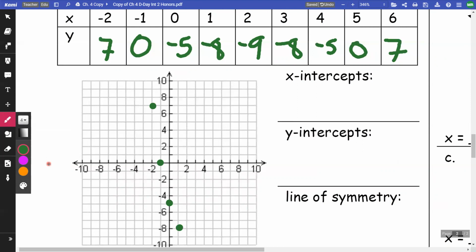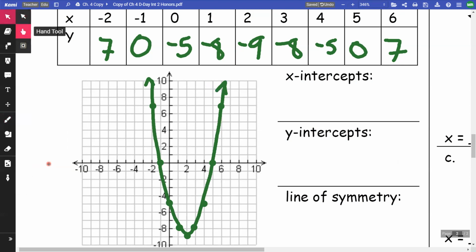I have 2, -9. 3, -8. 4, -5. 5, 0. 6, 7. And then I'm going to connect these. And that is my graph. Again, it's a U shape. I'm going to actually try to make this a little fainter.